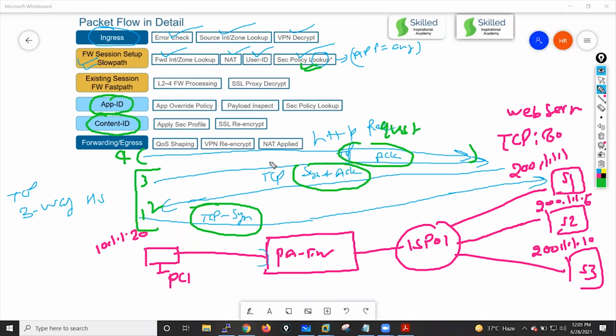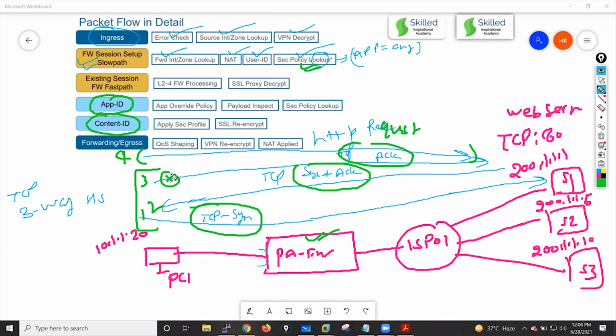So the thing is, what happens, let's suppose you have sent the TCP SYN towards this server, and this server gives the reply with SYN plus ACK. And after that, let's suppose this ACK is missed, or maybe when this server is replying with SYN plus ACK, maybe this SYN plus ACK is lost somewhere. Okay. If this SYN plus ACK is lost somewhere, and your firewall, which is here, has not received this SYN plus ACK, or maybe when this PC is trying to send this ACK, maybe this ACK is lost somewhere.